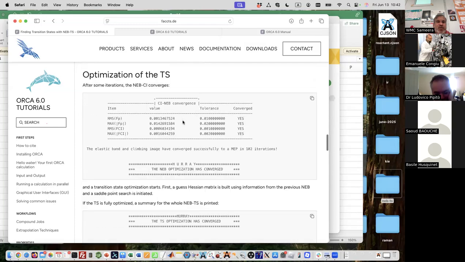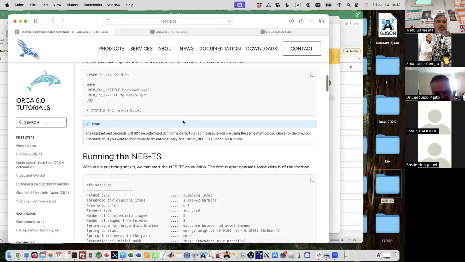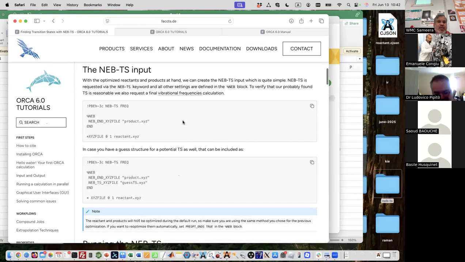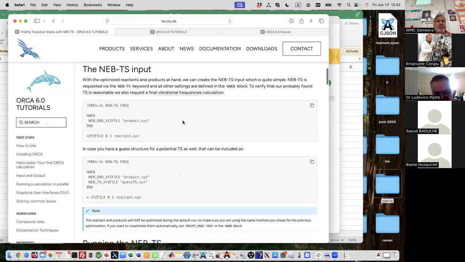Someone wants to know about the input file. In the NEB calculation, you can put the product here and the reactant there, or you can also put the reactant here and the product there. It doesn't matter. What we give is basically 2 data points on the potential energy surface.